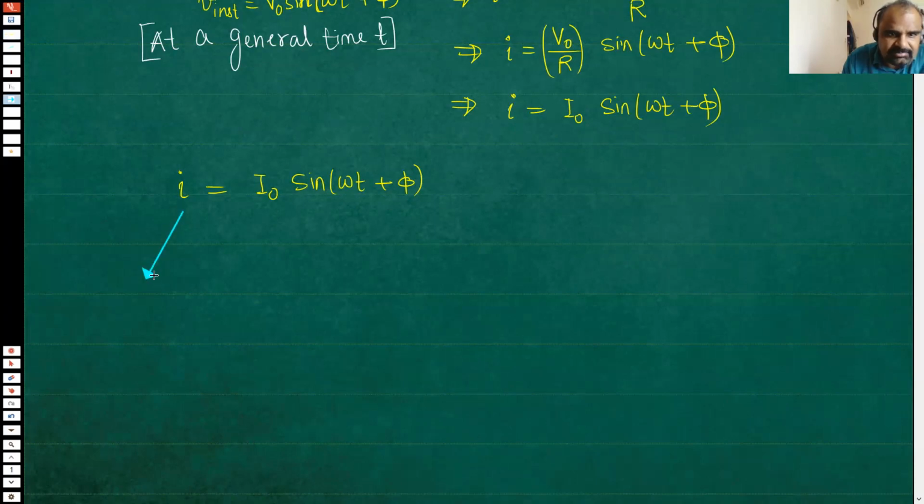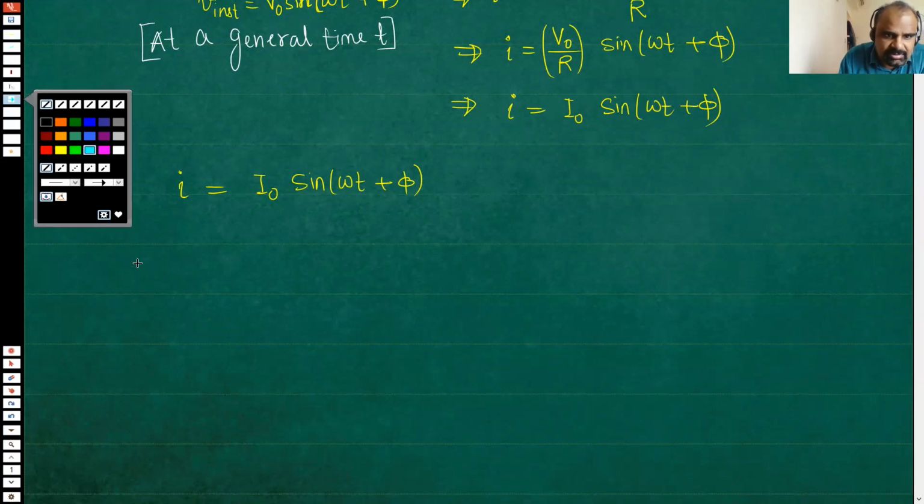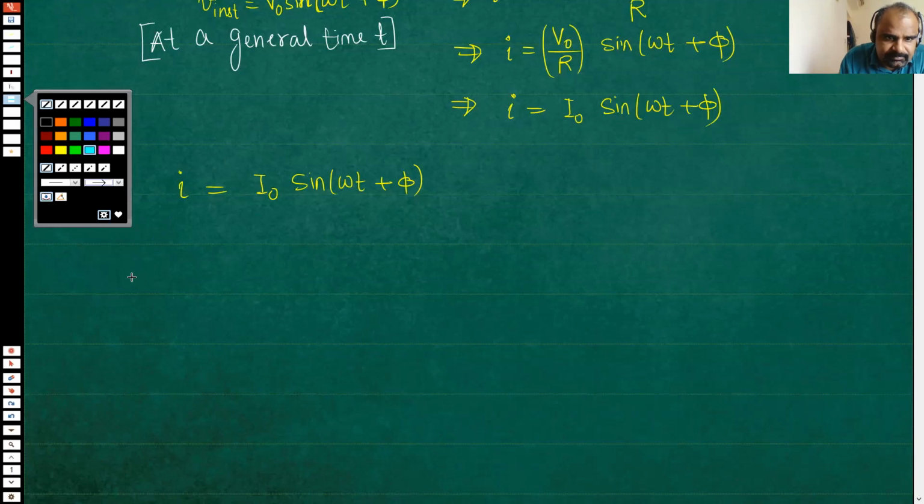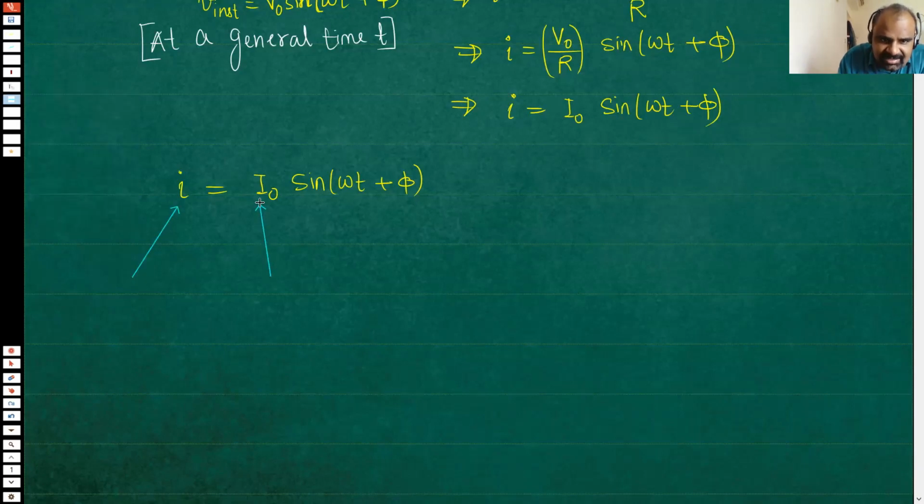What is this I? What is this I naught? What is this omega? What is this phi? All those things we are going to write.